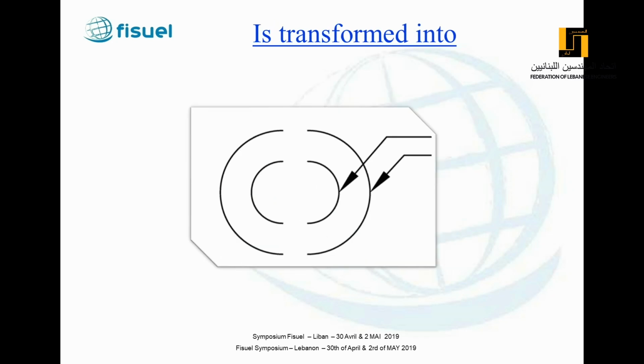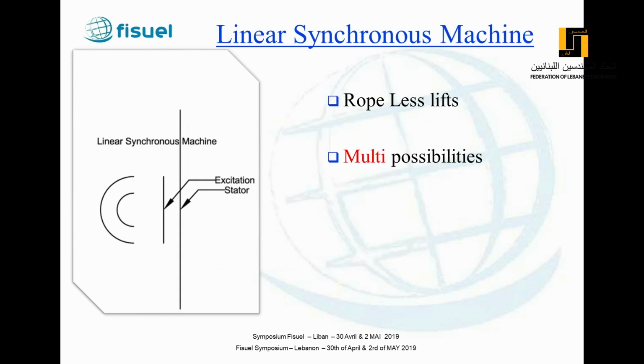What if we cut them and straighten the excitation and the stator? We fix the stator on the rails, and the excitation we fix on the machine, on the cabin itself. We'll have a ropeless lift. With a lift without ropes, we are going to have multiple possibilities.